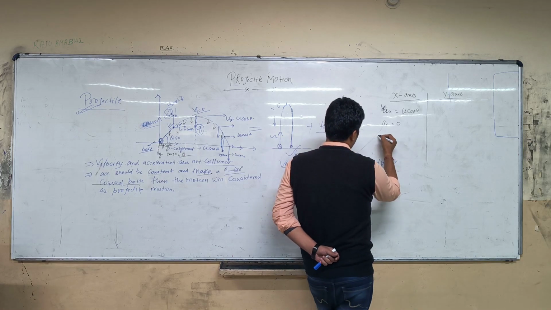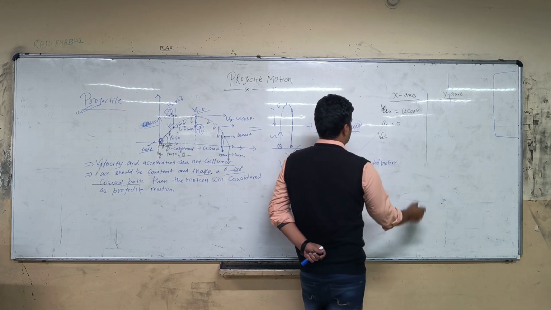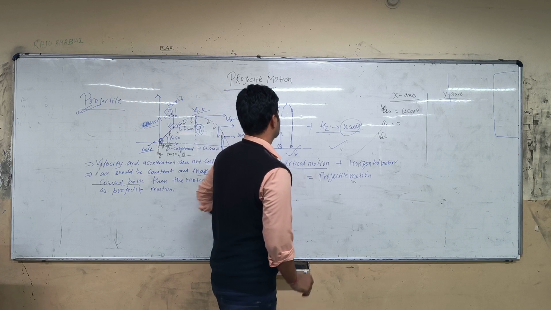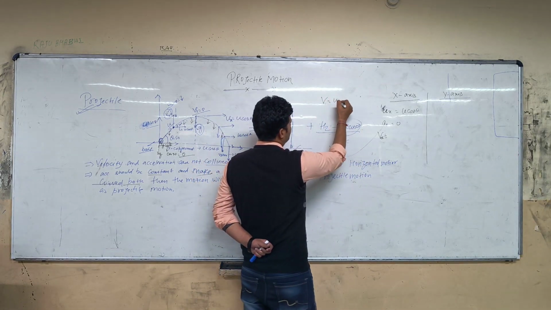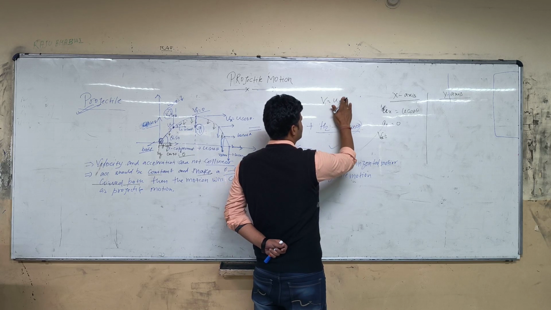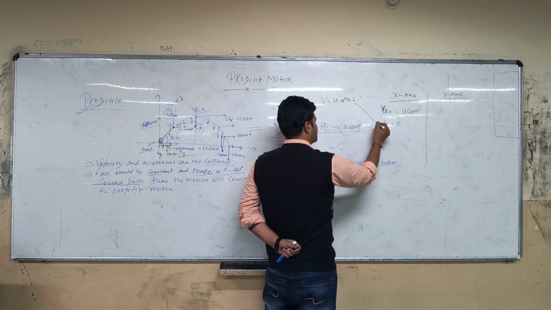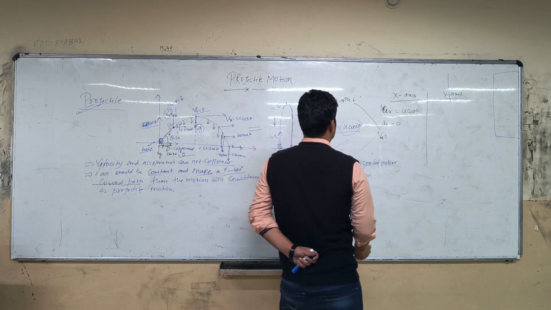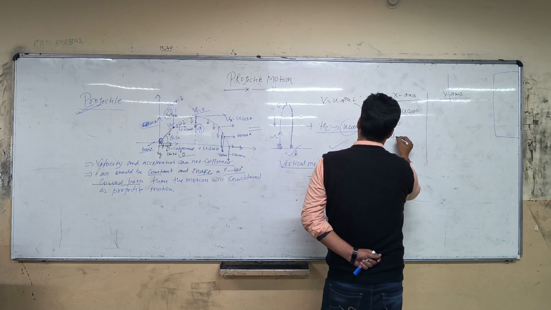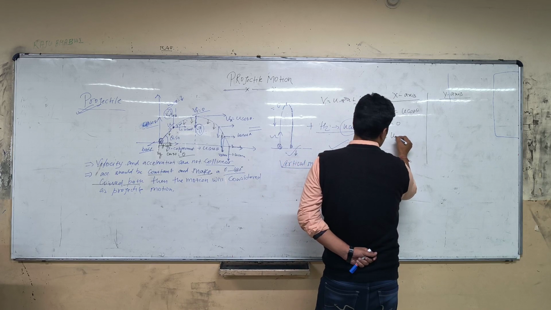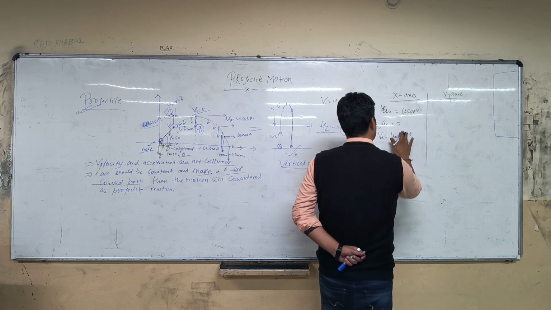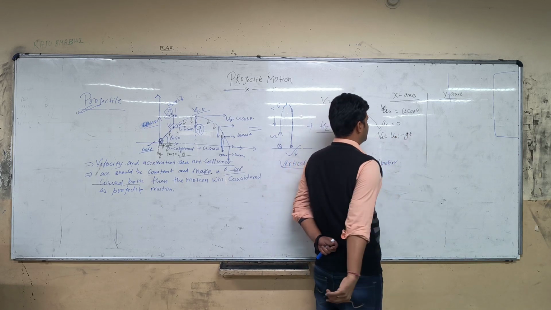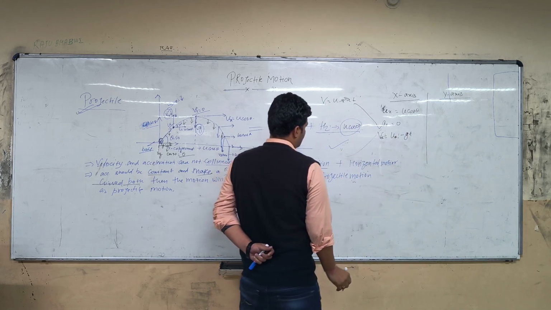Next, Vx. What is the value of Vx? Apply your brain, you will get it from the vertical motion concept, that we use v equal to u plus at, and this will be used here. We will find ux plus g t; here you will write it as minus g t.